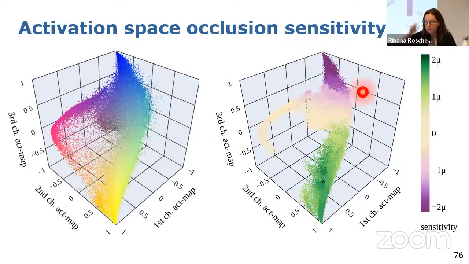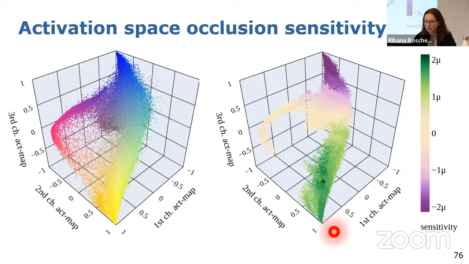And you can already see that activations which are in this corner of the activation space are very sensitive towards non-wilderness. And here in green indicated as high sensitivity towards wilderness. So when you cover up all these activations in this area, the score for wilderness goes down. So it's a very important activation, a very important pattern for wilderness.